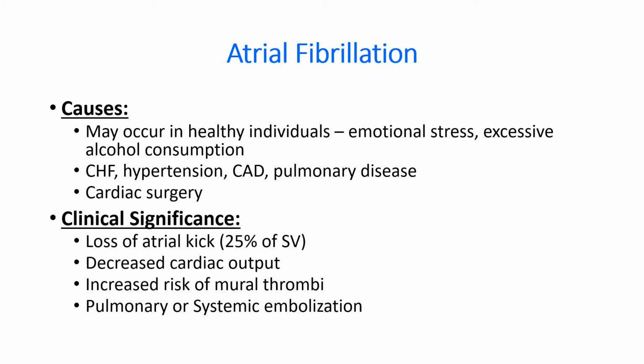Other causes include CHF, hypertension, coronary artery disease, or pulmonary disease. Again, with your COPD or lung disease patients, if they have pulmonary hypertension, the right ventricle will change its dynamics and oftentimes develop cor pulmonale, or enlargement of the right ventricle, and that causes an increase in pressure within that ventricle, and the right atrium has to push against it.